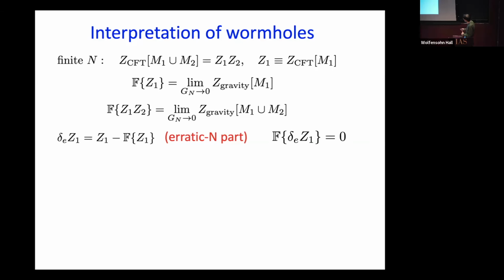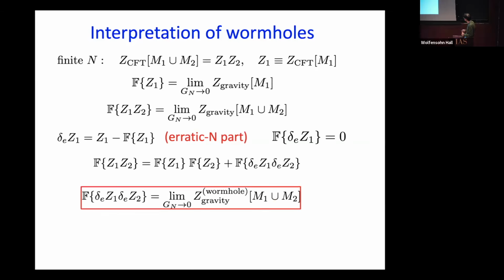But the product of the erratic part of Z1 and the erratic part of Z2, when you multiply them together and go through the filter, does not have to be 0. In fact, if you plug in this expression, you conclude that this part is just equal to the wormhole part of the gravitational partition function.